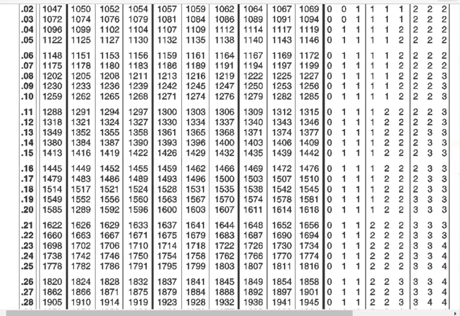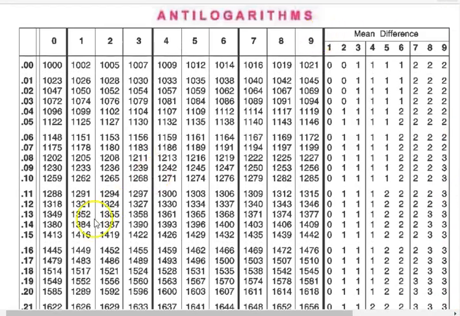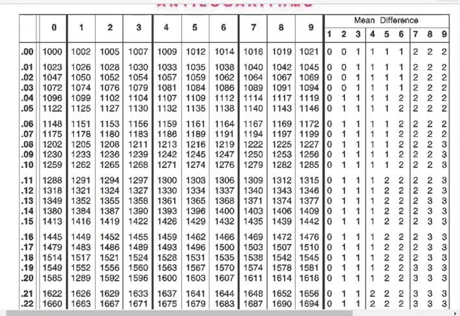I just want to ensure we are seeing the 3 from up here. Good. This is 0.21 under 3. This is it. 1633.